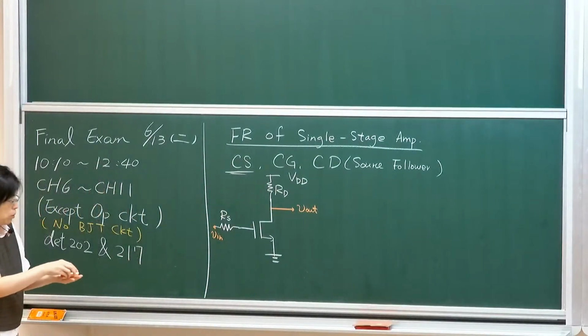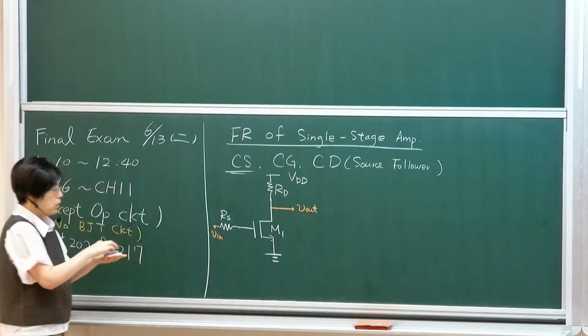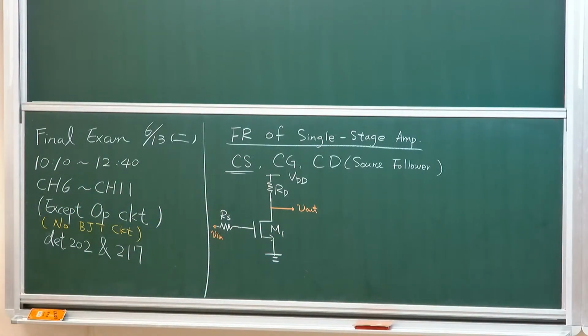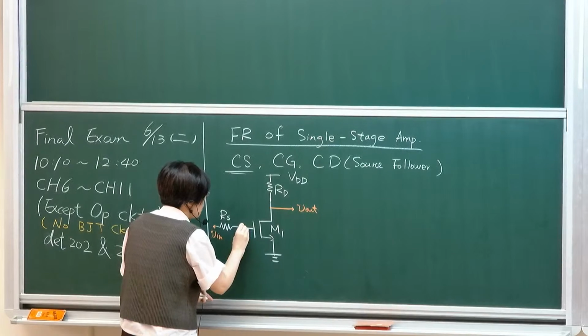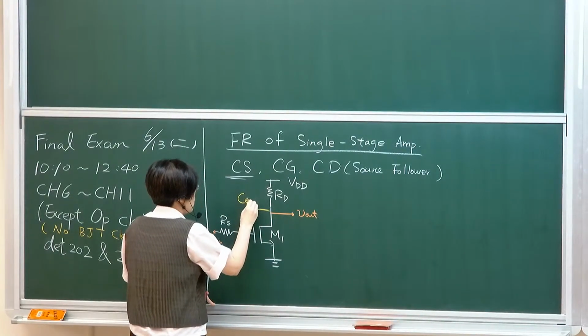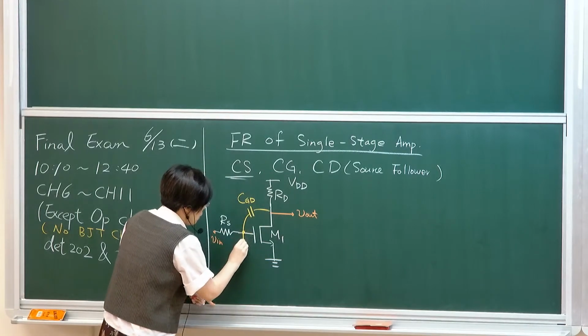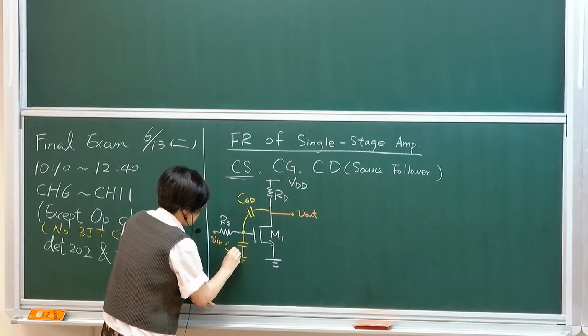In the transistor model, M1, we're not going to draw the small signal model. Now we can simply add our parasitic capacitances, since we already know that there's CGD and CGS.